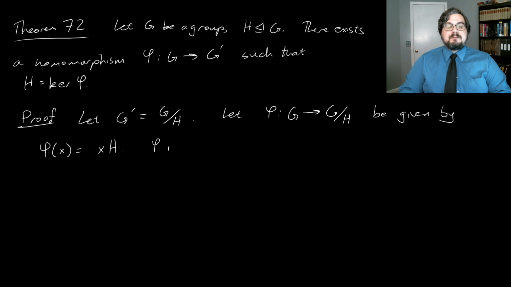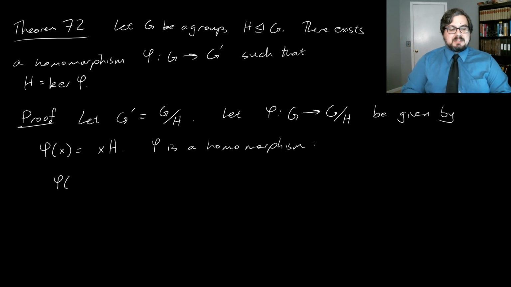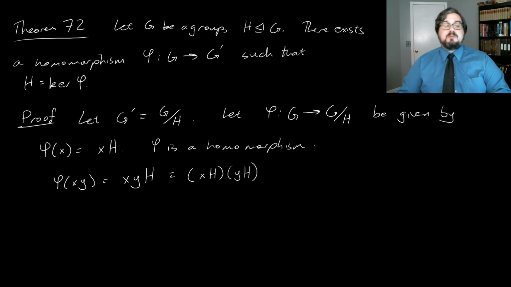Now we have that phi is a homomorphism basically by definition, but we can see it explicitly. If I take phi of xy, by our construction that's xyH, but we know by the definition of multiplication on factor groups that that's the same as xH times yH, which is phi of x times phi of y.